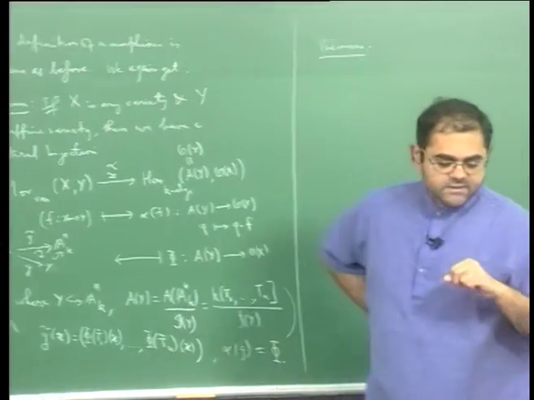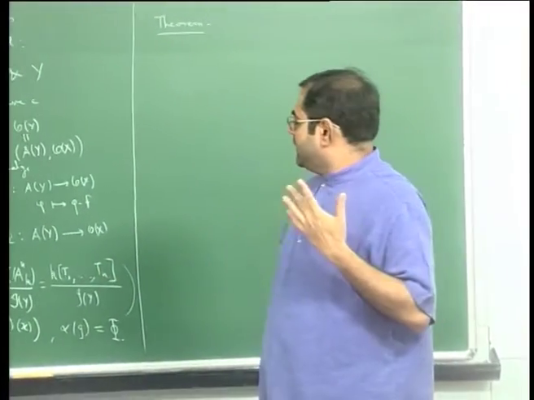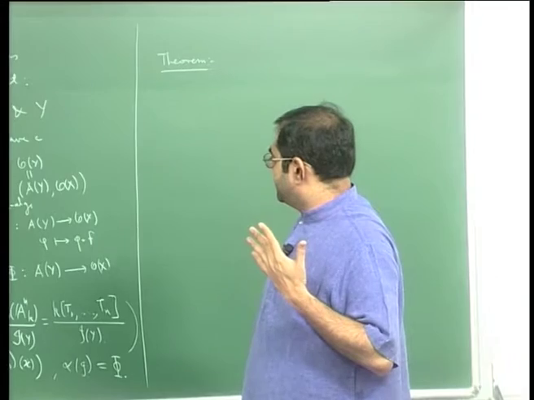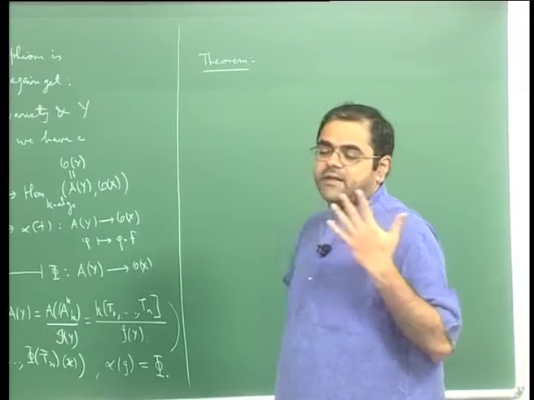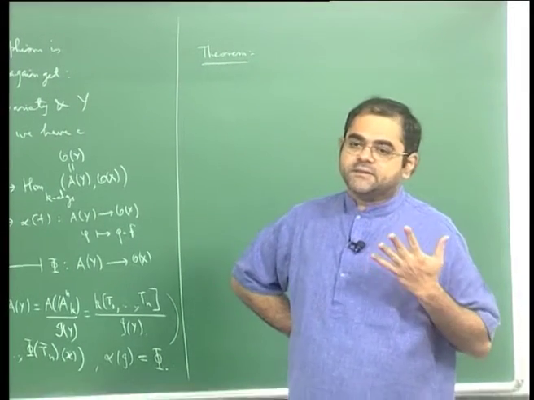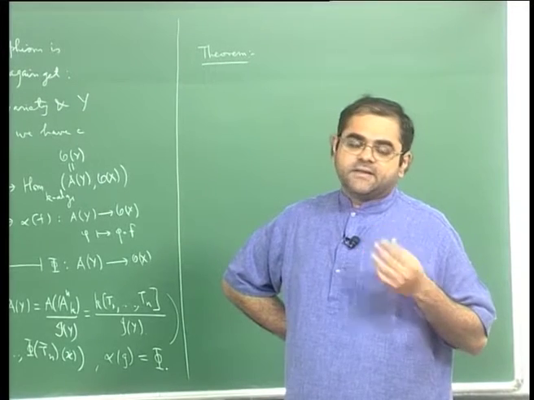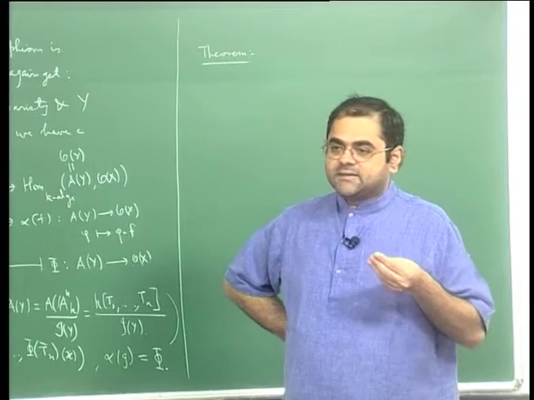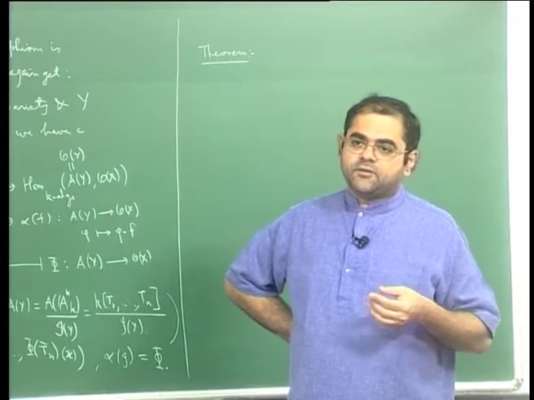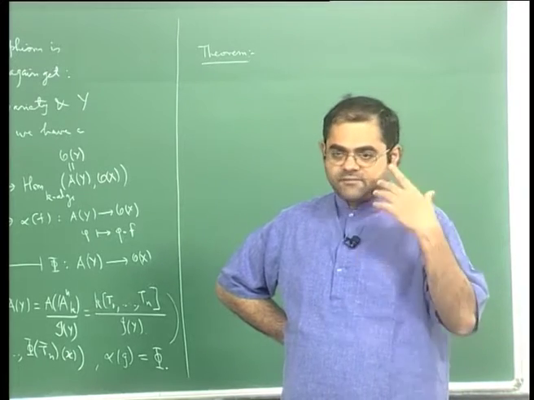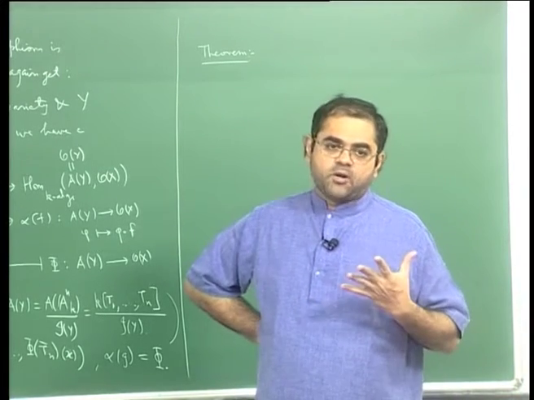But more importantly, we saw that if you take any affine variety which is different from a point, the fact that it is different from a point means that its ideal is different from a maximal ideal, and therefore when you take its affine coordinate ring, it will have lots of polynomial functions.